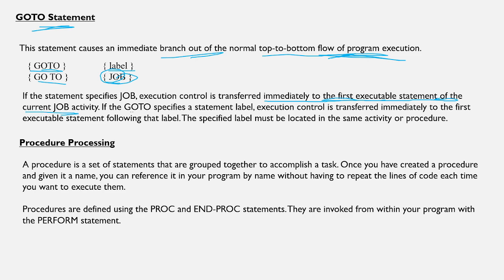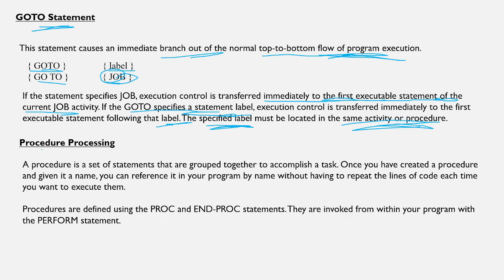If the GOTO specifies a statement label, then execution control is transferred immediately to the first statement of that label. So in case of a label, it will go to the first statement of the label, and in case of JOB, it will go to the first statement of the job or activity. And the specified label must be located in the same activity or procedure.